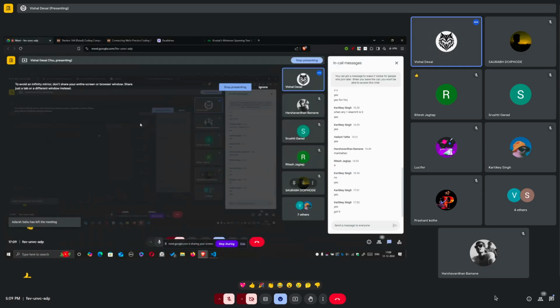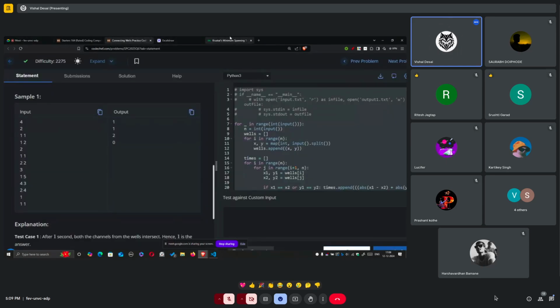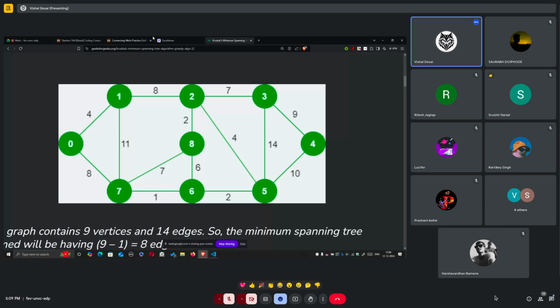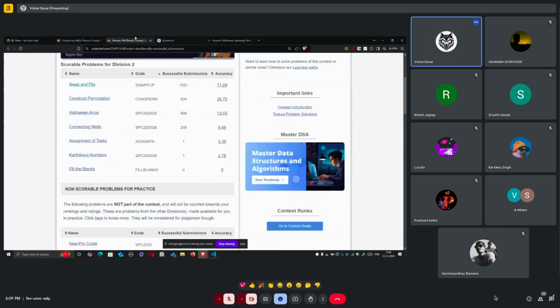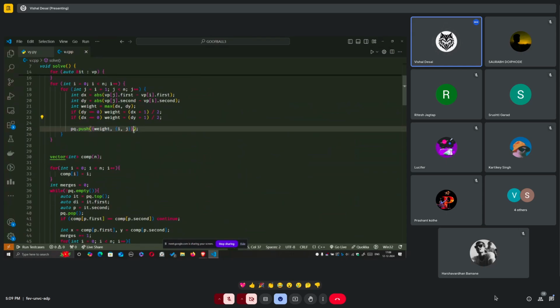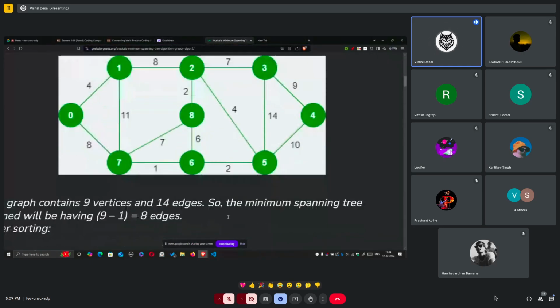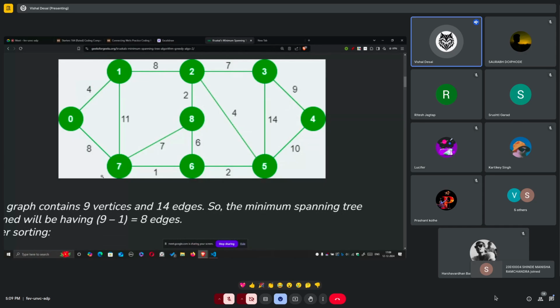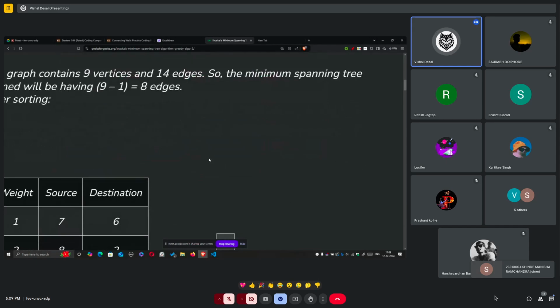Yes or no? Yeah. So what I did was, okay, just a second. Okay. What we were considering is the minimum edge weight to come first, right? Yes or no?